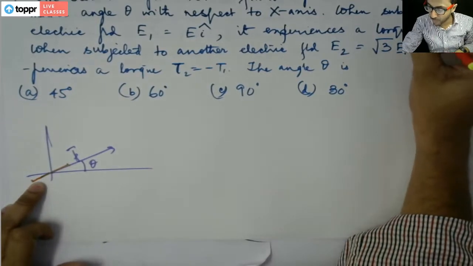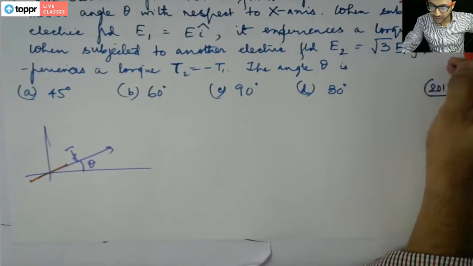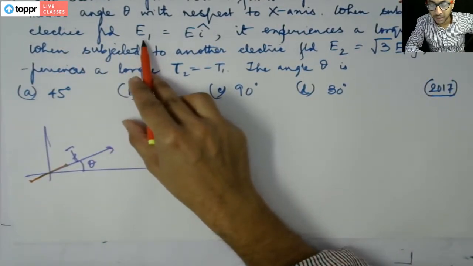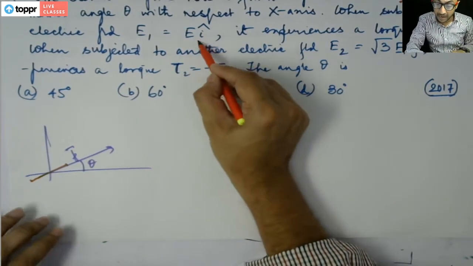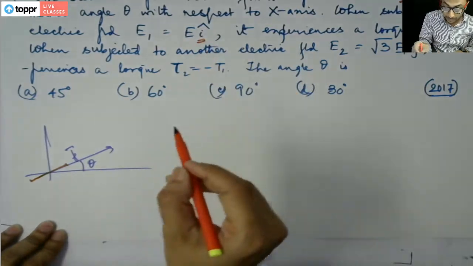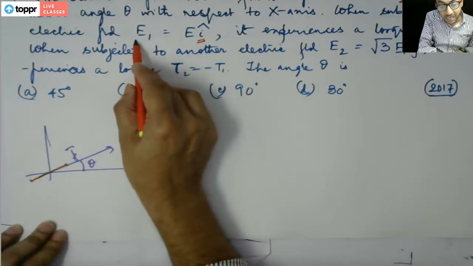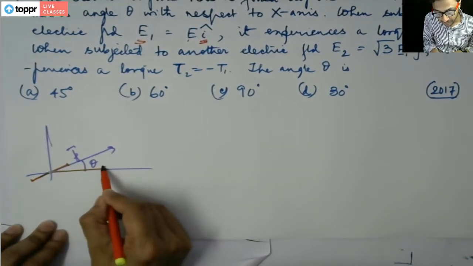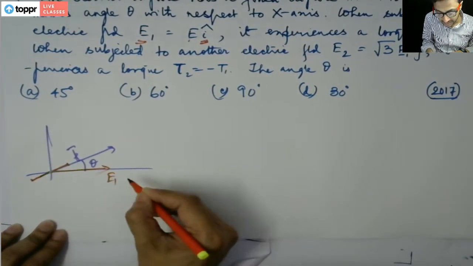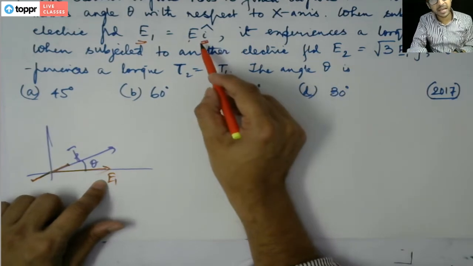And the dipole moment is P. When subjected to an electric field E1, which equals E I, where I is the unit vector, E1 is directed towards the x-axis. You can say E1 itself is directed towards the x-axis.